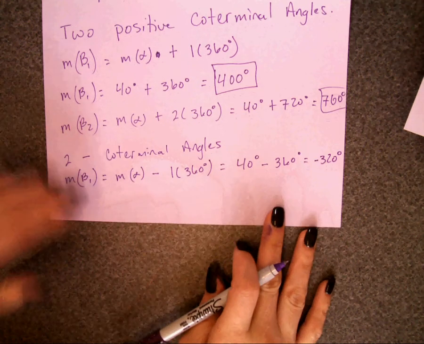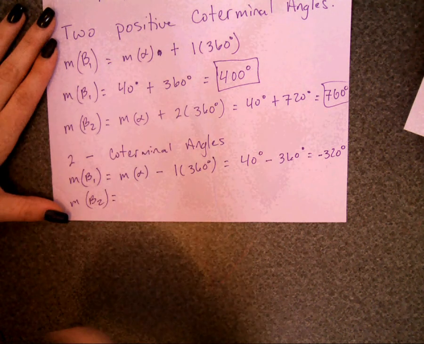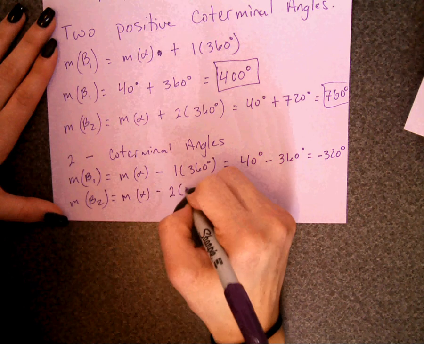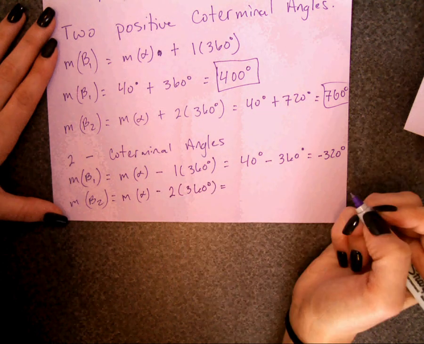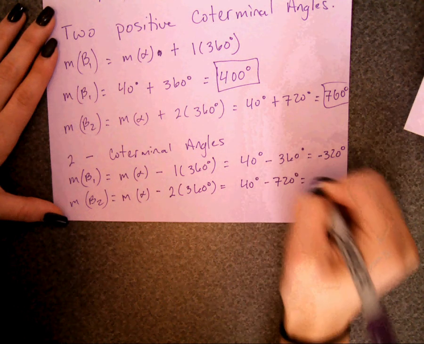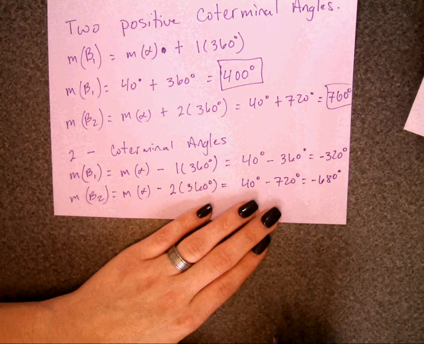So there's one negative coterminal angle and another just by going the opposite direction again. So the measure of angle alpha minus 2 trips around the circle now. So I get 40 degrees minus 720 degrees, which gives me negative 680 degrees.